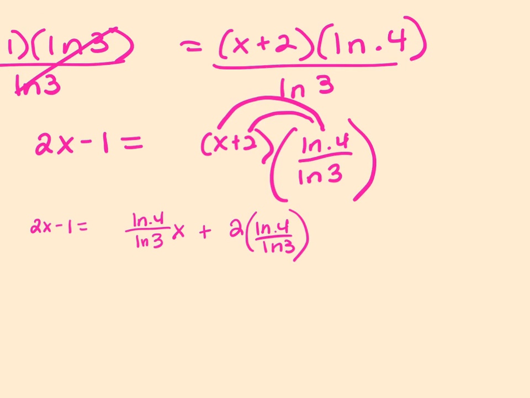Naturally, what you would think to do is divide both sides by x plus 2, right? But then it's just going to come over here, and I still have a variable in the top and the bottom. So my solution is to multiply it back out. It keeps bouncing back and forth.